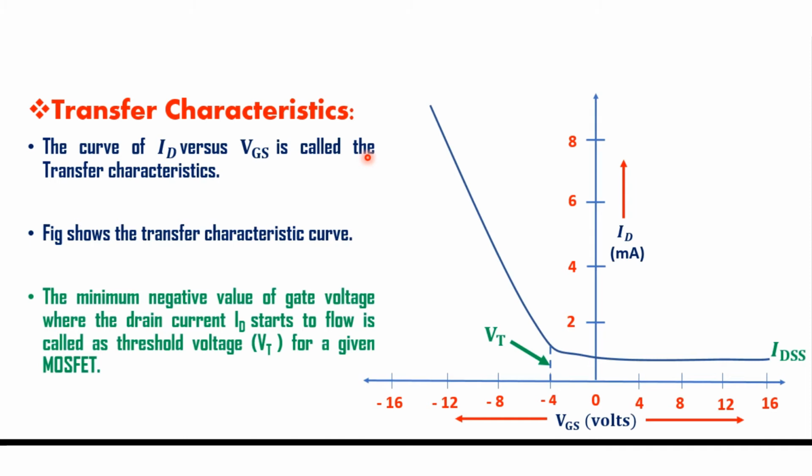So as the negative value of gate to source voltage is increased, drain current increases. This curve of drain current versus gate to source voltage is called the transfer characteristics curve for the enhancement MOSFET.